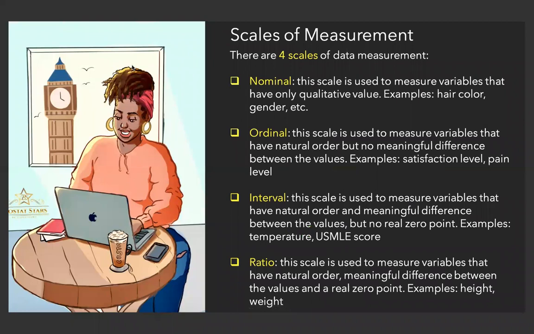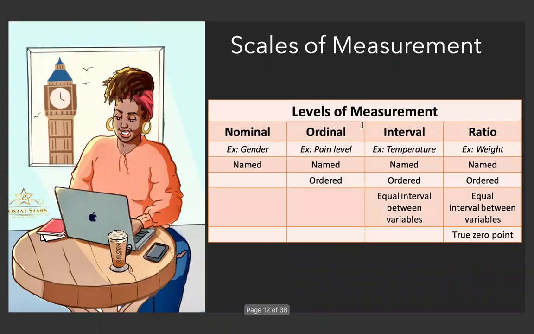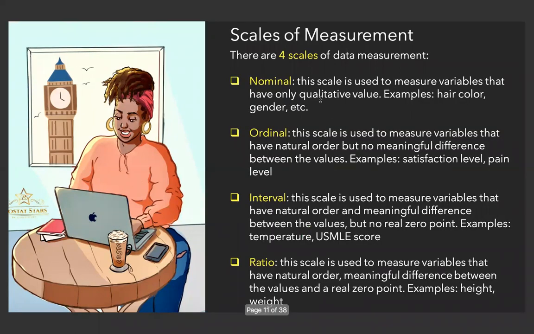Now, the next thing that we need to know about the variables is about the 4 scales of measurement. Okay, so this page has a lot of words, but I don't really like talking with too many words. So I'm going to go to this page where everything is in a table. But I want you to know that everything I'm going to say here is obviously explained on this page, right?